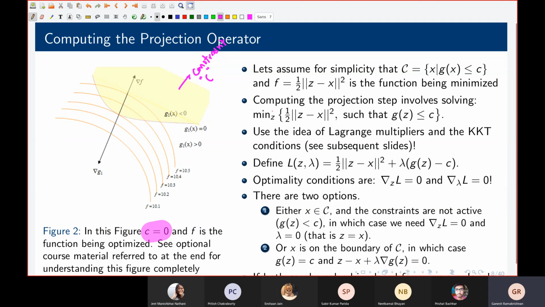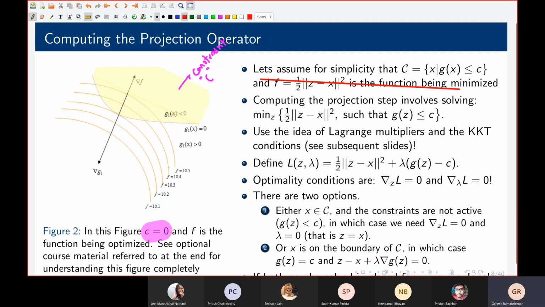And the idea behind projection is you find the min of z minus x squared such that g(x) is less than or equal to C. Just a small caveat here. I think I should just strike this off. This is not correct.